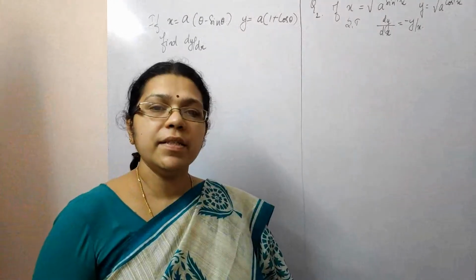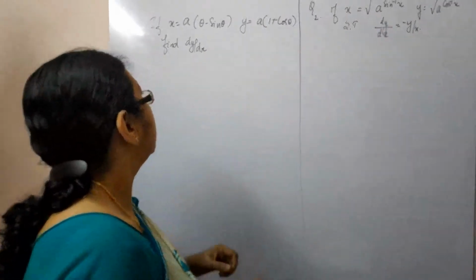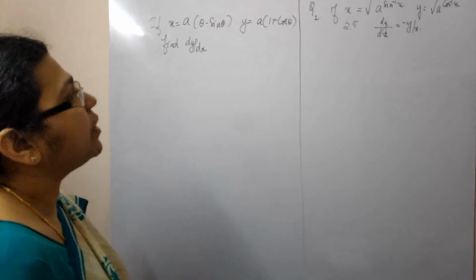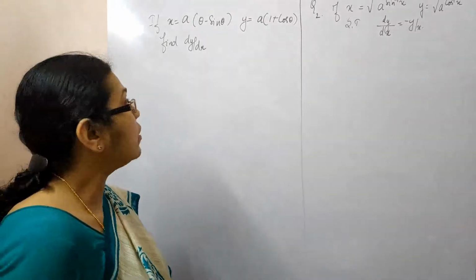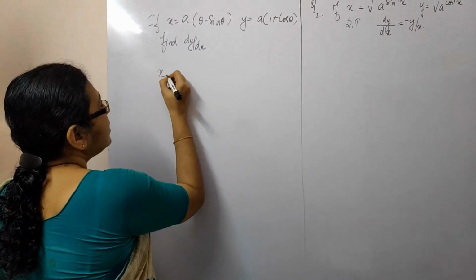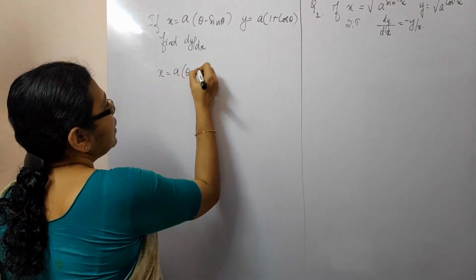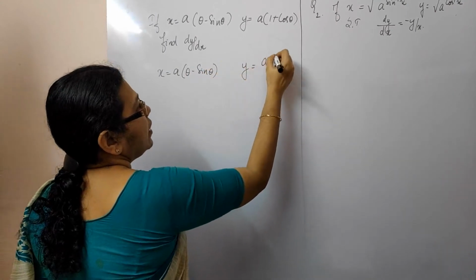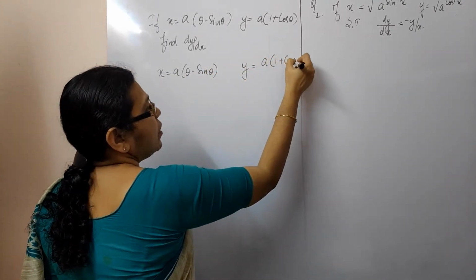Okay. Now let's see another question. If x is equal to a into theta minus sin theta and y is equal to a into 1 plus cos theta, find dy by dx. So here x is equal to a into theta minus sin theta, and y is equal to a into 1 plus cos theta.